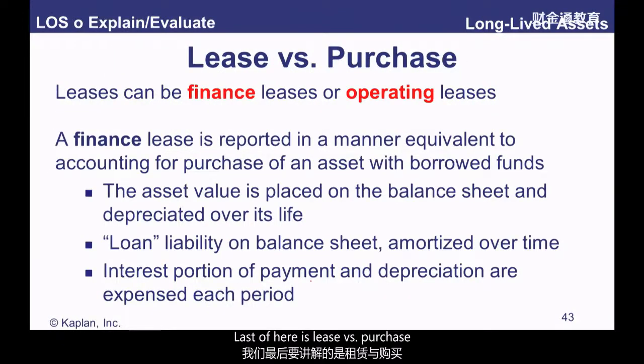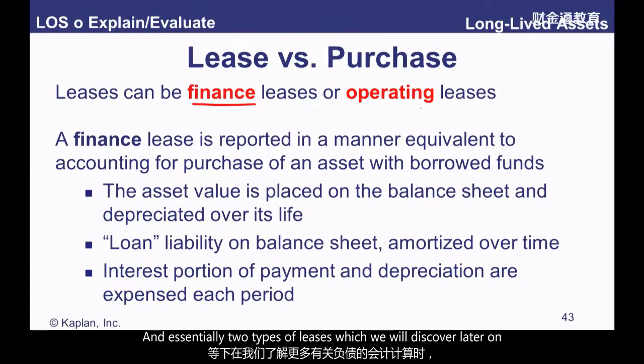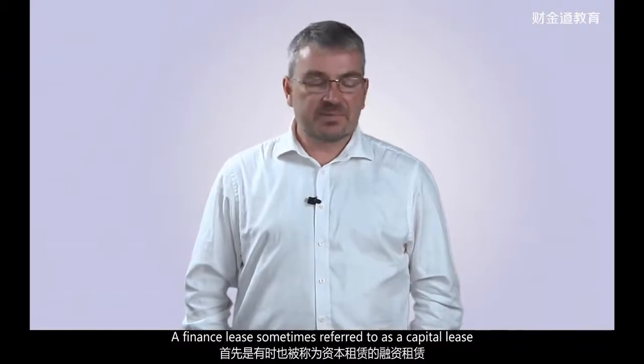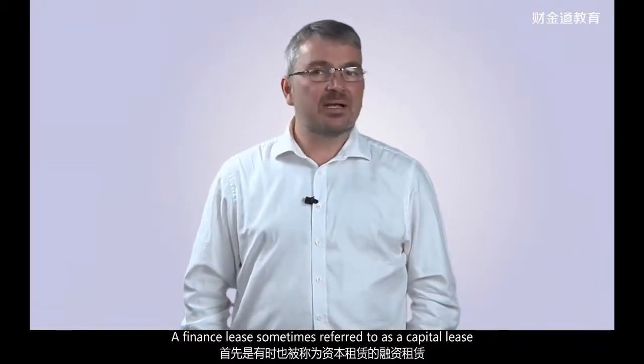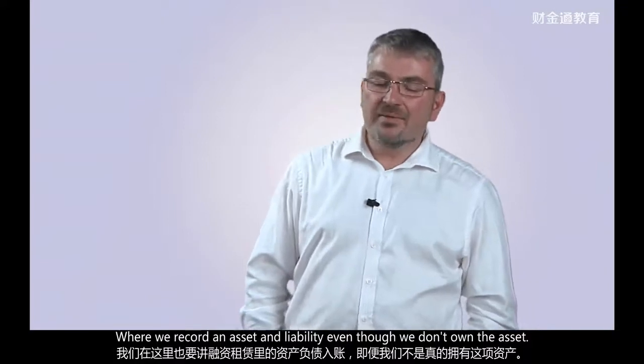Last little bit here is lease versus purchase. Explain and evaluate how leases affect the financial statements. Essentially, there are two types of leases, which we're going to discover later on when we look at accounting for liabilities in more detail. A finance lease, sometimes referred to as a capital lease, where we record an asset and a liability even though we don't own the asset.